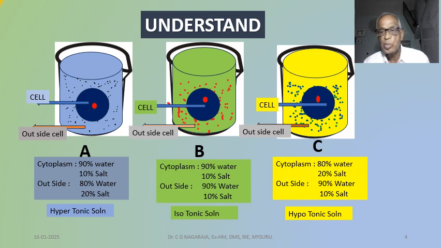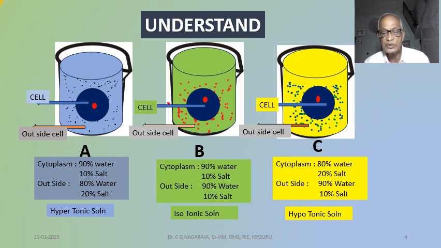In C, you have cytoplasm containing 80% water and 20% salt. Outside, it is 90% water and 10% salt. When you look at it, we know that the cell inside has less water and more salt, and outside has more water and less salt.